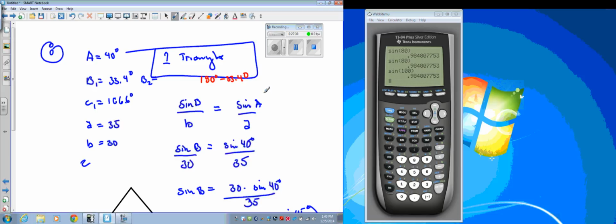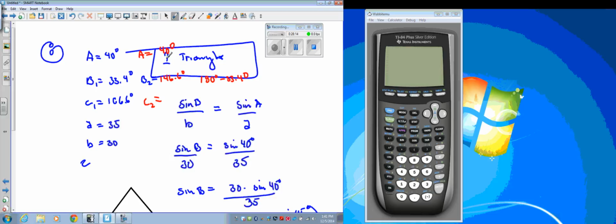And that one came out to 146.6 degrees. And this angle has got to come across as 40. And now this C2 has got to be 180 minus these two, and that's not possible.